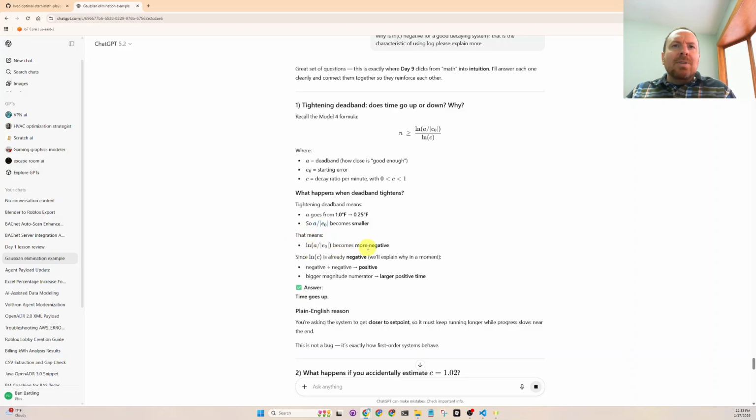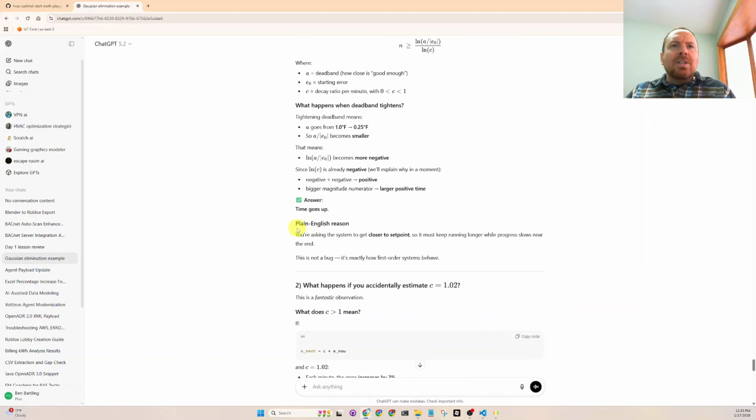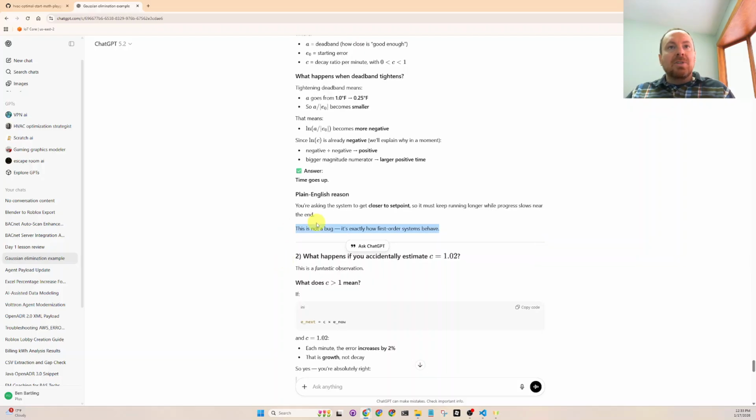That means the log becomes more negative. So yes, time goes up ultimately. You're asking the system to get closer to set point, so it must run longer while progress slows near the end. That is not a bug. That's exactly how first order systems behave. Makes sense? You need more equipment runtime to get closer to the set point.